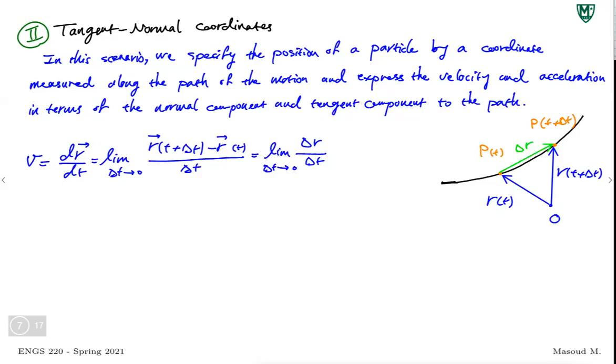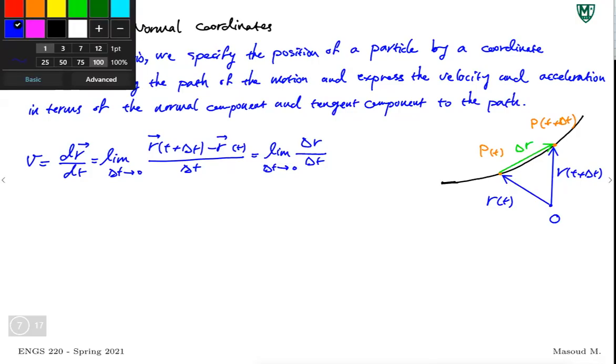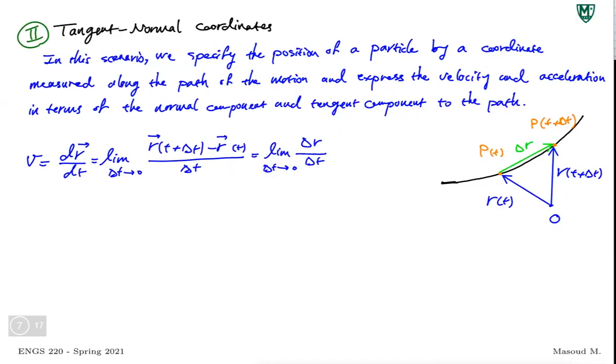This is what we had. Let's say we have a Cartesian coordinate system, and we want to know how we can go from this Cartesian coordinate system to the coordinate system we're trying to introduce, the tangent normal coordinate system. Now, the position vector r specifies the position of P relative to a reference point, like this point O. Now I introduce a new measure, s, which we actually saw when we were talking about motion on a straight line.